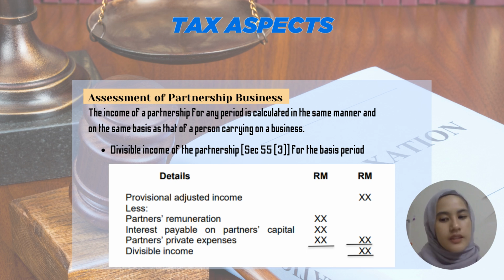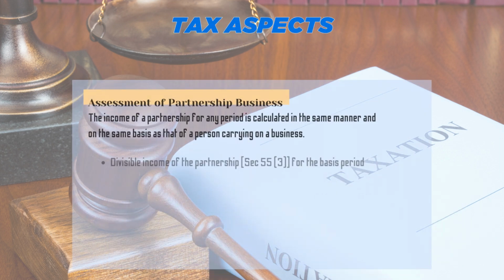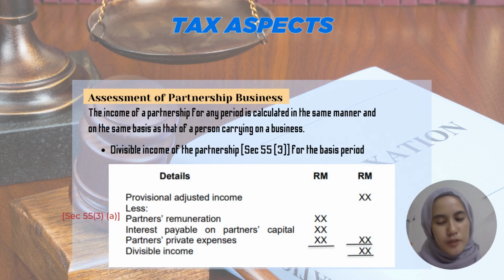We have learned this in Tax 1, but I'm just showing you that this is one of the assessments in the tax aspect of partnership. Section 55 subsection 3 paragraph A is partners' remuneration, which is wages or salaries, deducted from adjusted income, as you know.